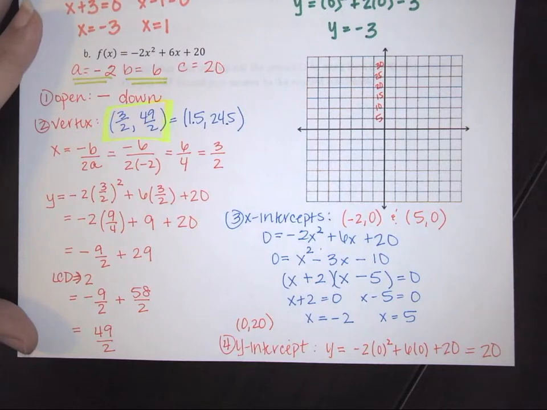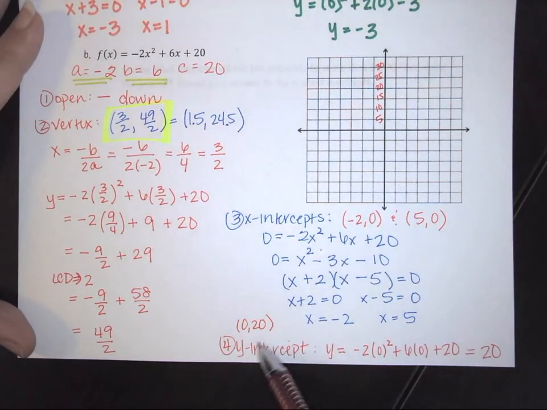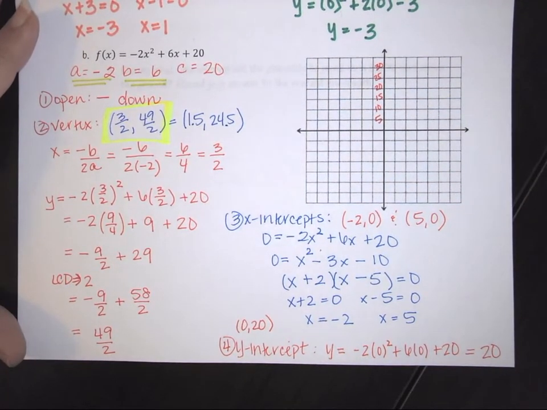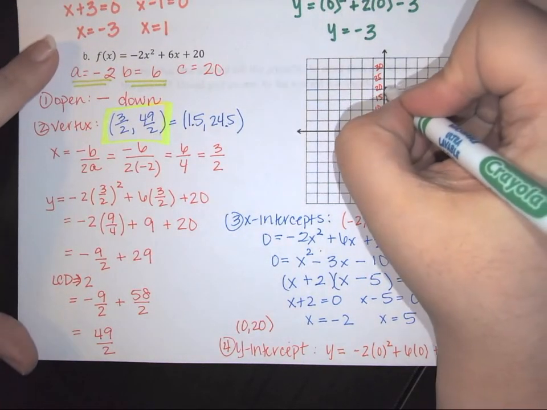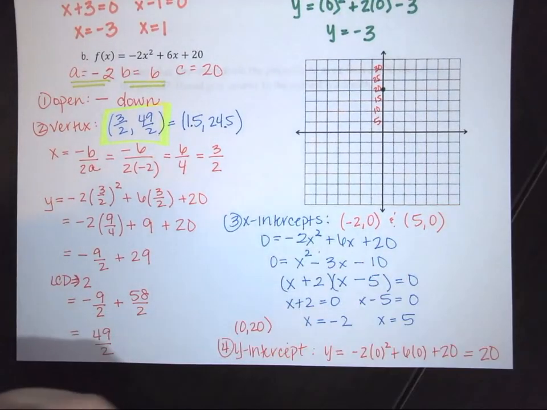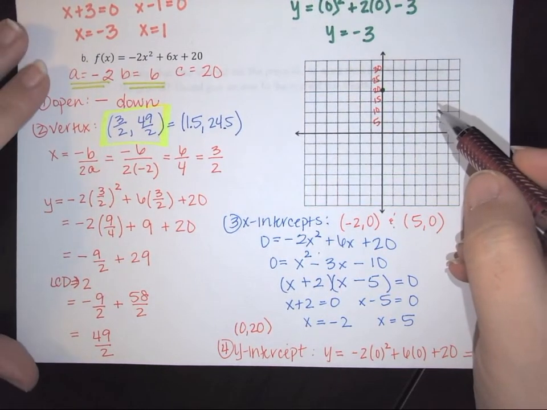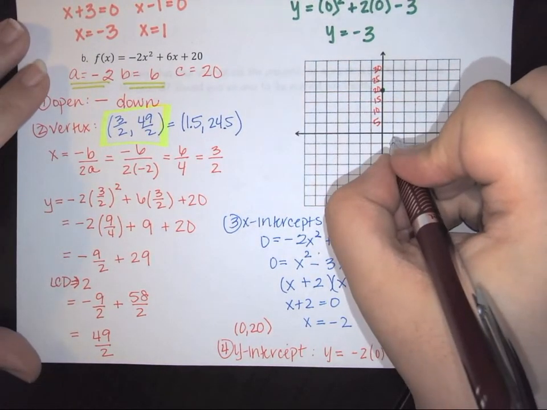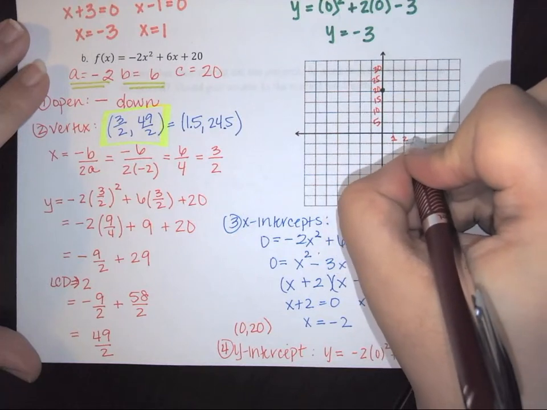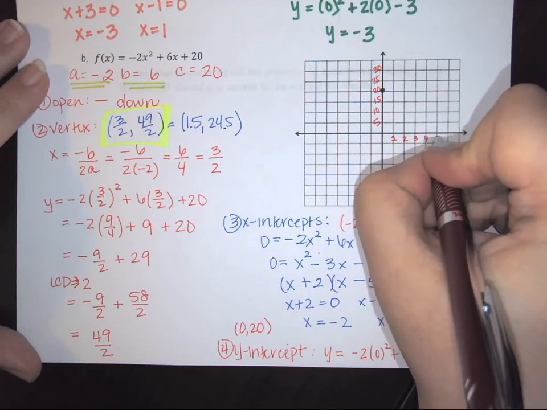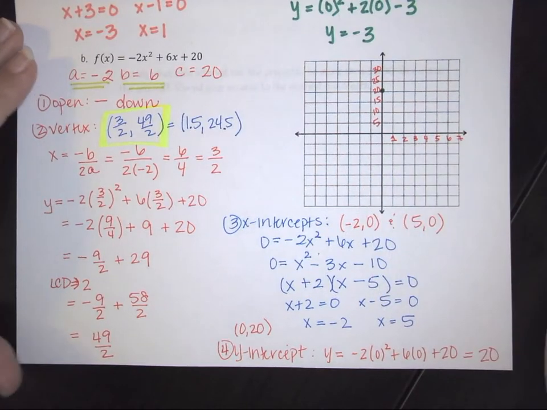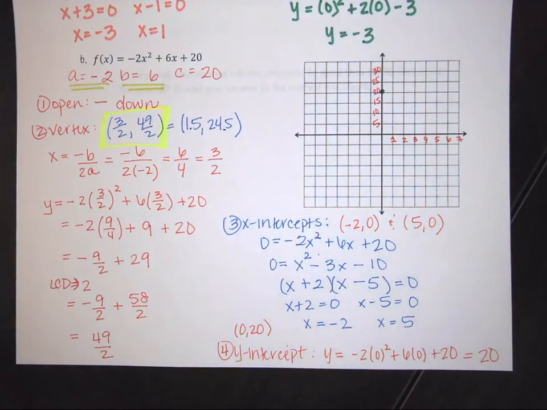And so when I'm looking first at my y-intercept, I've got the point 0, 20. So I'm going to go ahead and put that in. So 0, 20 would fall right here. And then over on the other side, I may make this be 1, 2, 3, 4, 5, 6, 7. So it's going to be a little bit kind of distorted, but that's okay.